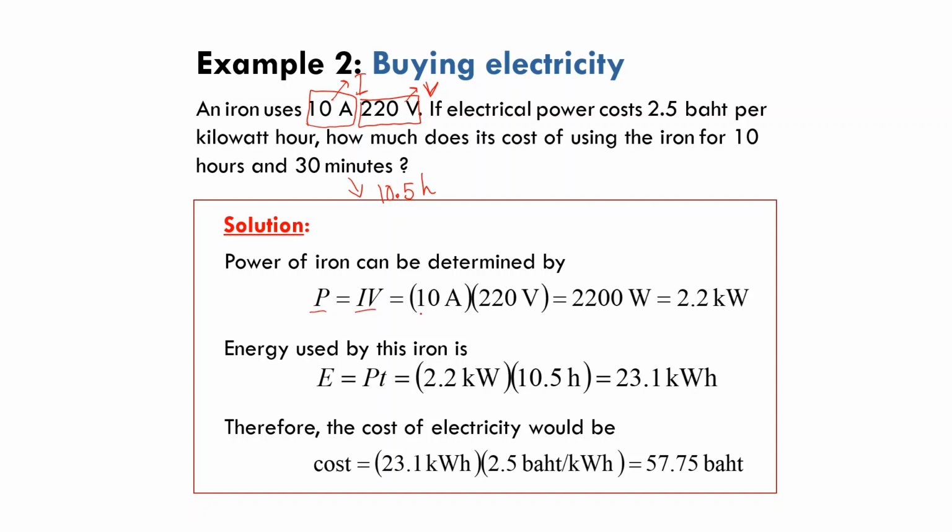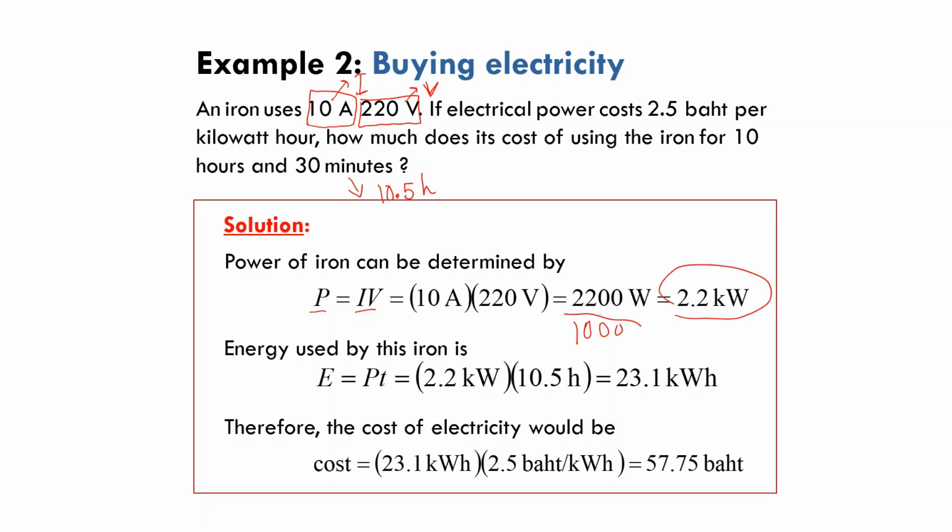We know I is 10 ampere, and V is 220 volt. So we get power of 2200 watt. In this case, we have to turn it into kilowatt, so you just divide by 1000. So you get 2.2 kilowatts.